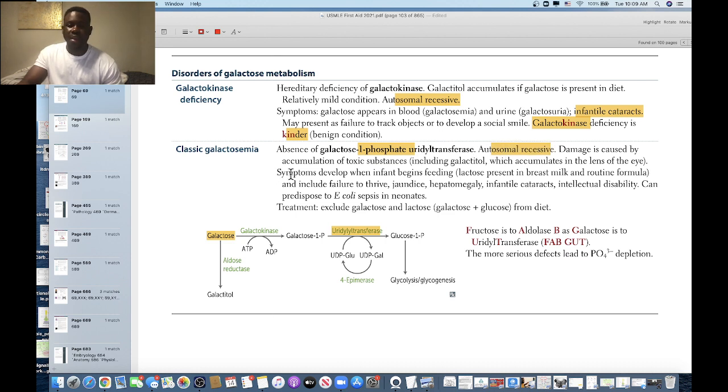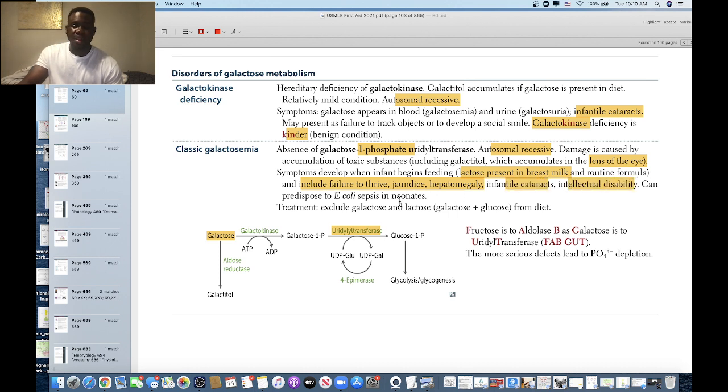Damage is caused by accumulation of toxic substances, including galactitol, which accumulates in the lens of the eye. Symptoms develop when infants begin feeding, that's lactose present in the milk. So as soon as they begin feeding, they can have this problem. Then routine formula, and it includes failure to thrive, jaundice, hepatomegaly, and infantile cataract.